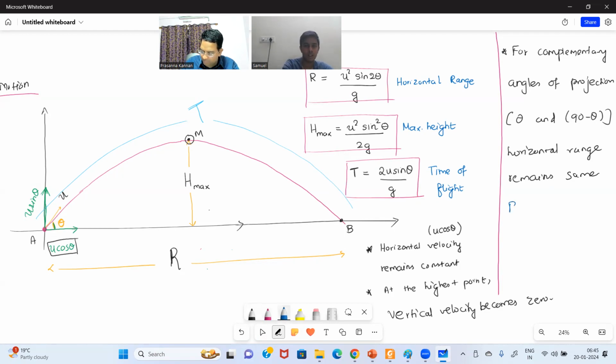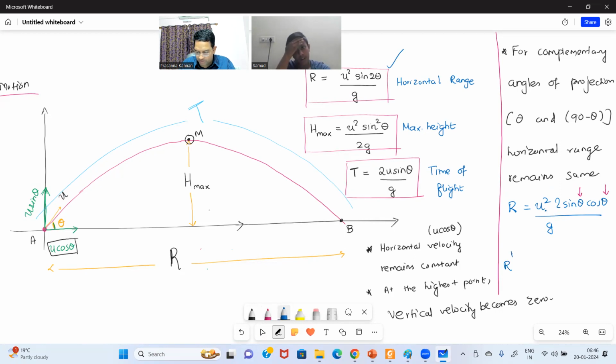So what is R? R is u squared sine 2 theta by g. How can I write sine 2 theta? 2 sine theta cos theta. Good. Now, instead of theta, if I substitute 90 minus theta, see what will happen?